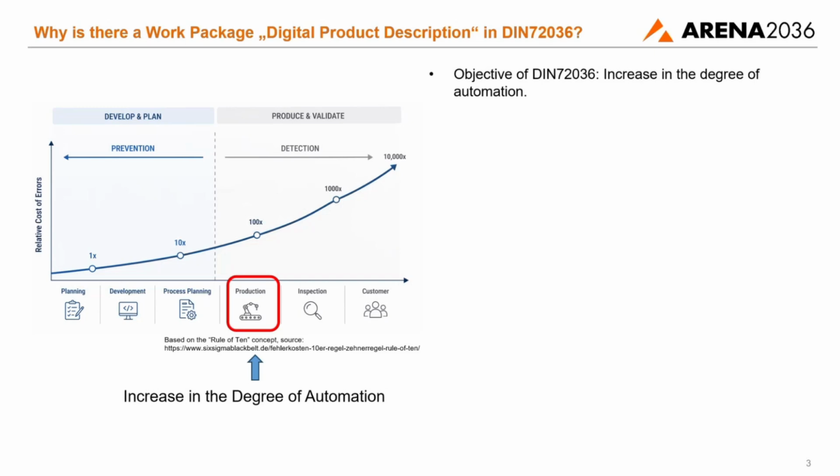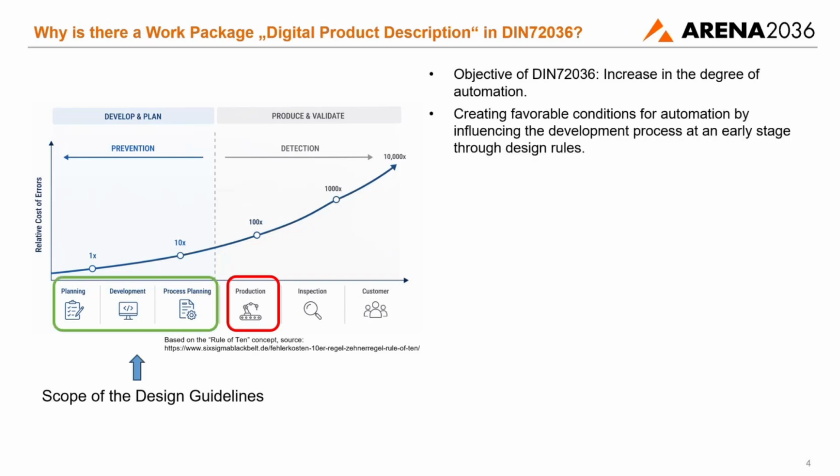So in the end of the process, the development process. The scope of the design rules is to create an impact in the beginning of the development process, because there is this nasty thing called rule of 10. So every mistake you make early in the process and you detect very late in the process has some factors adding to the cost of getting rid of it.